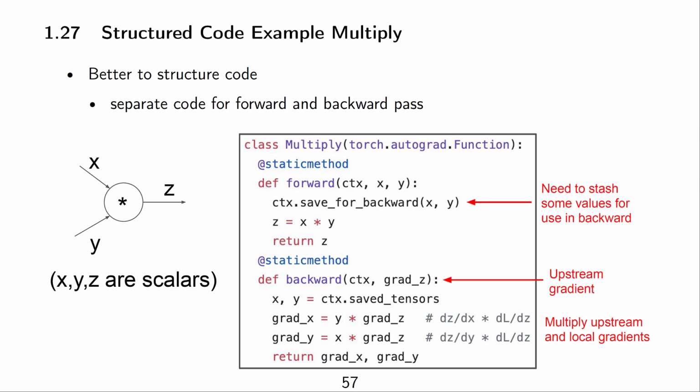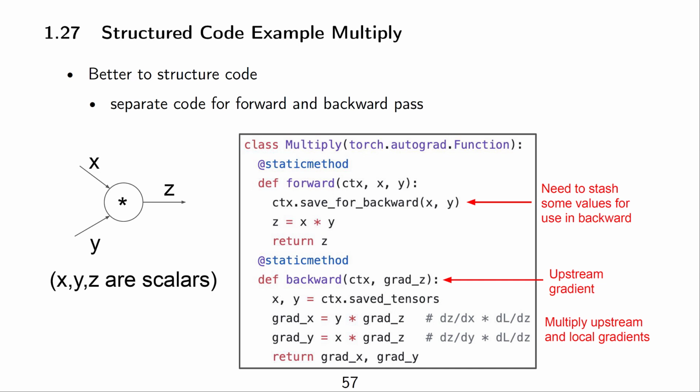Now, to scale this up, as discussed, we would like to have some code structure where these nodes can be coded individually, and then hopefully PyTorch will be able to do the backpropagation for us without us having to do too much explicit computation.